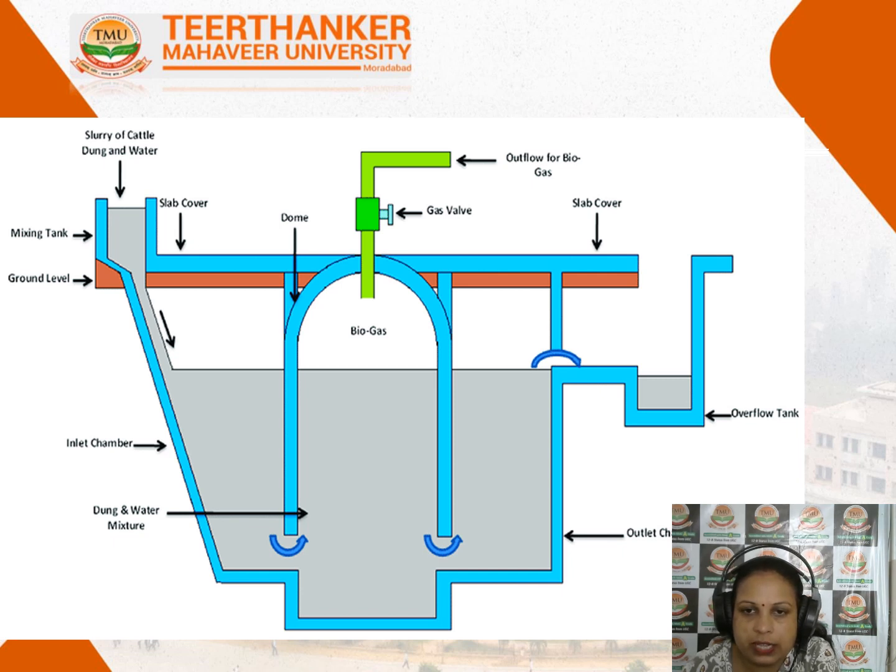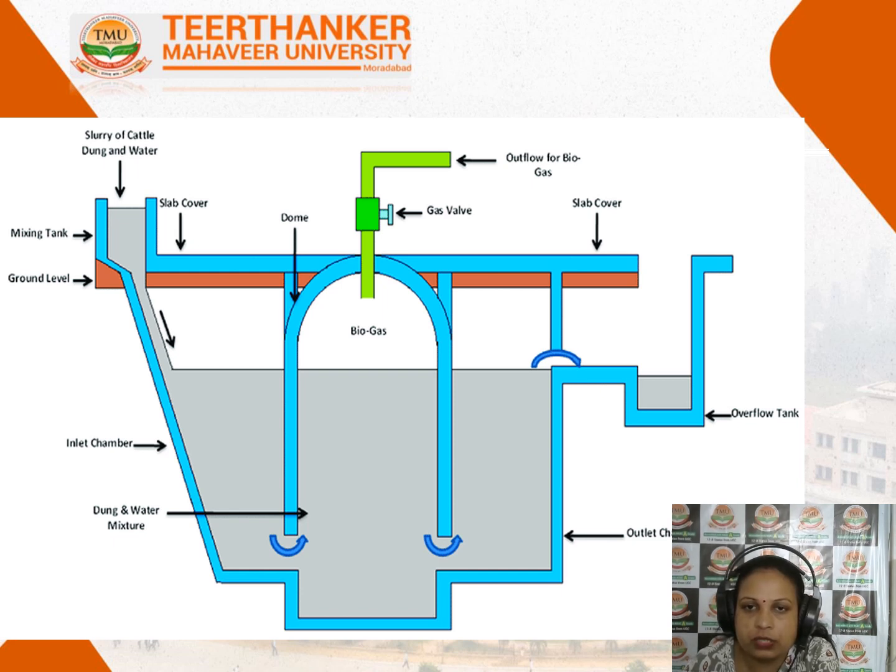The third one is the digester tank. Now this is the outlet chamber, the fourth main part of the fixed dome type of biogas plant. And last is the overflow tank.